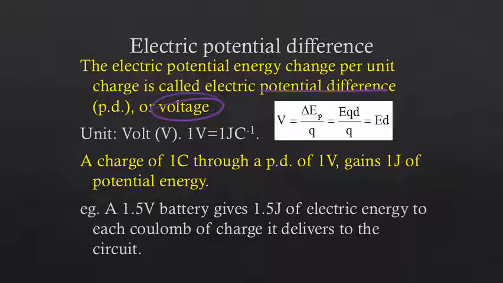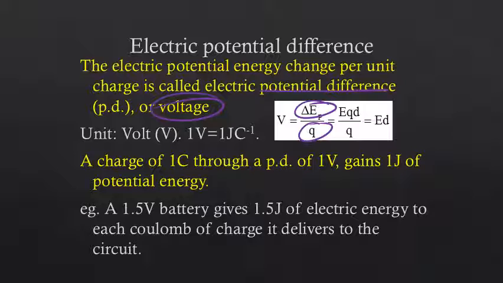So the unit of the volt is 1 joule per coulomb. So it's the amount of energy per charge. So a charge of 1 coulomb through a potential difference of 1 volt gains 1 joule of potential energy. So voltage is essentially the amount of potential energy divided by the charge. So it's the amount of potential energy per charge.